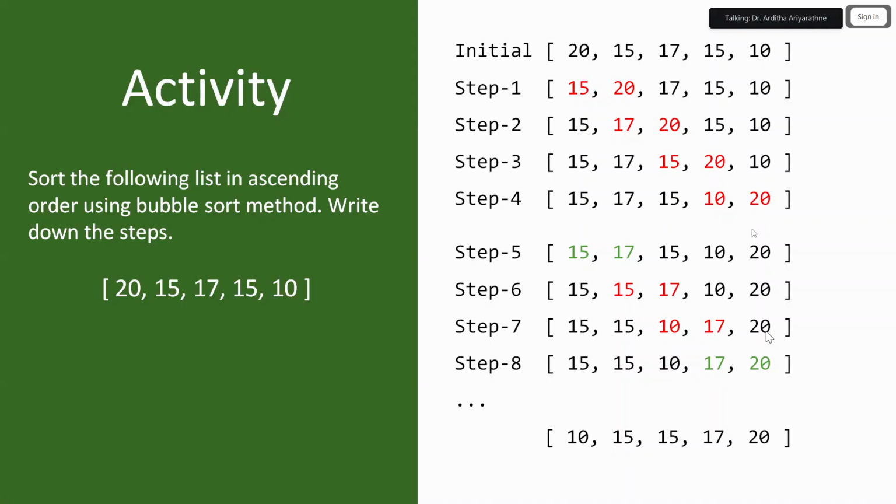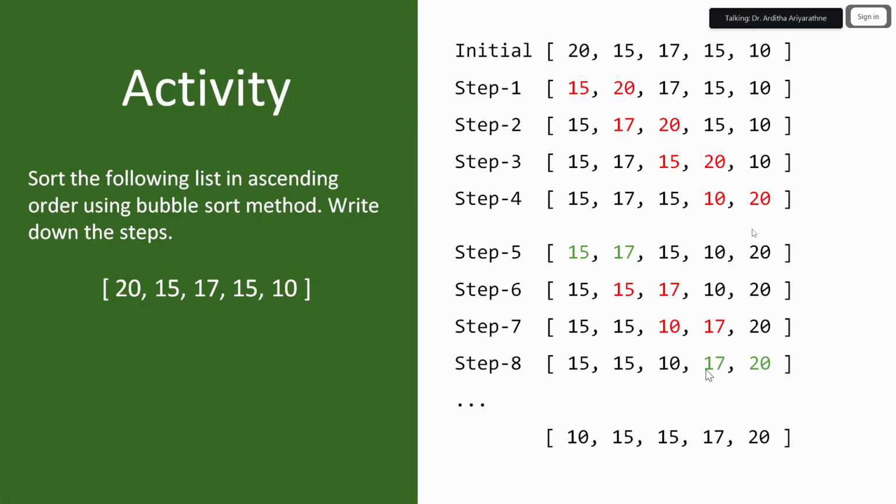In the second round of the while loop, again we have to run a few more rounds in the inner loop. What happens at the end? The next largest value comes next to the previous one. Just like here, 20 comes to the top right. At the end of the next round, we have 17 here.